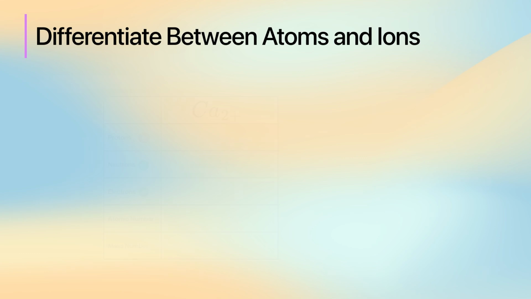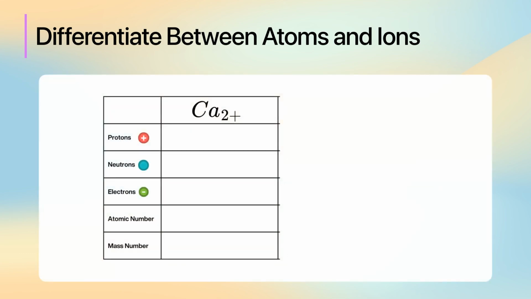Let's work through an example with a positive calcium ion. The atomic number is 20, the mass number is 40, and the charge is +2. From this information, we can determine the number of each subatomic particle. The atomic number of calcium is 20, so there are 20 protons.